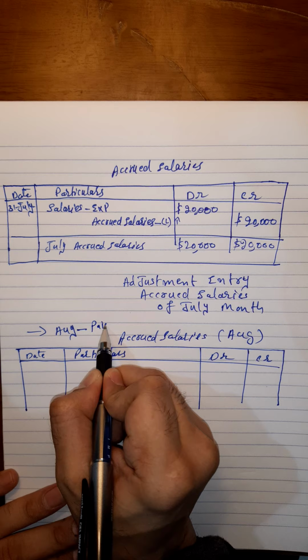For example, if we did not pay salary in July, we will still record it in July because this is the accrual concept.